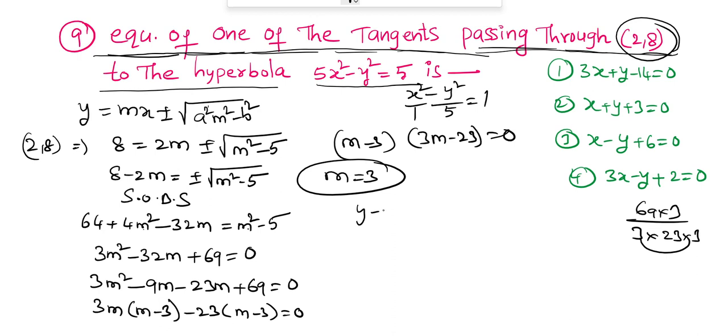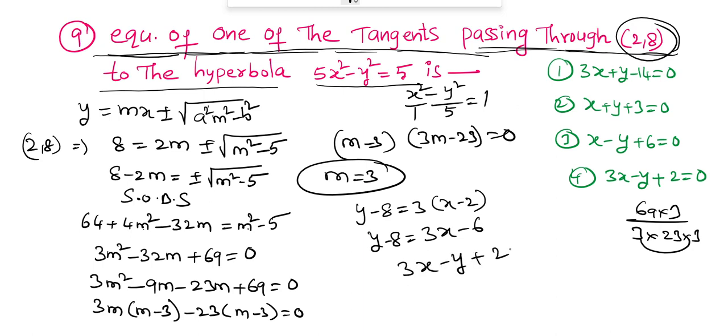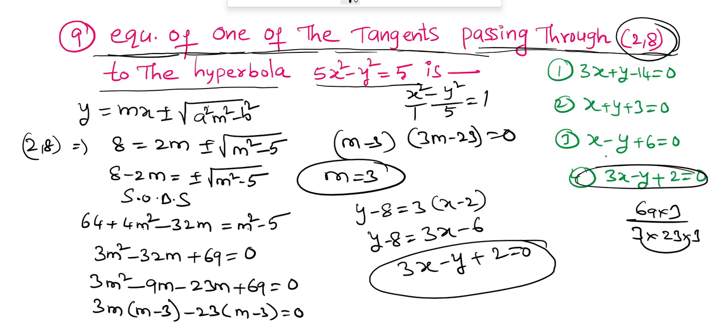Therefore the line equation is y − 8 = 3(x − 2). So y − 8 = 3x − 6. From this, 3x − y + 2 = 0. This is the required equation of the tangent. For this, the fourth option is the correct answer.